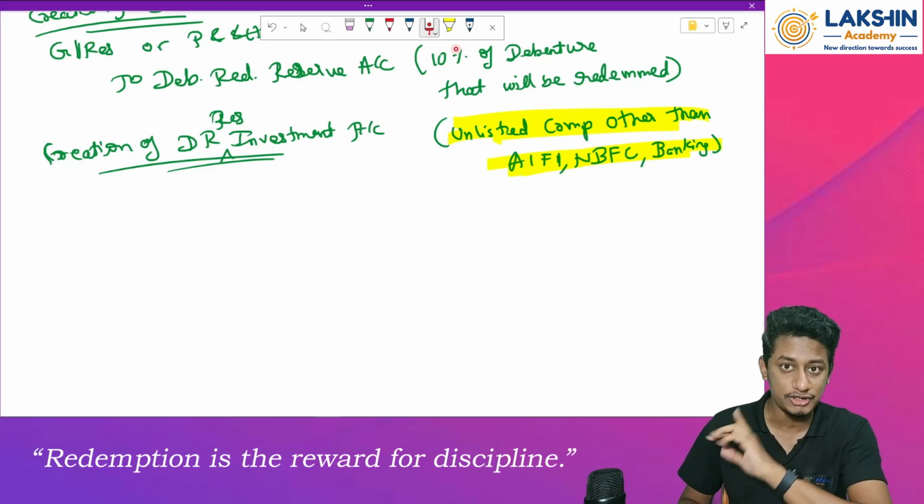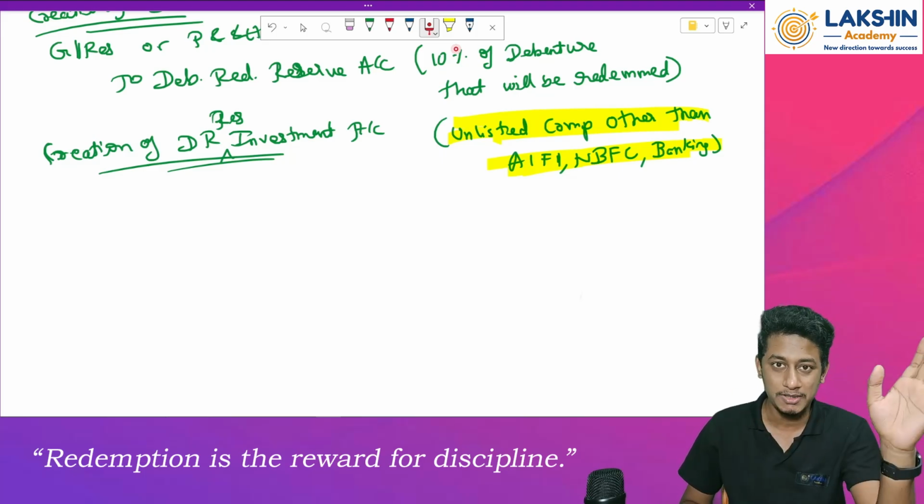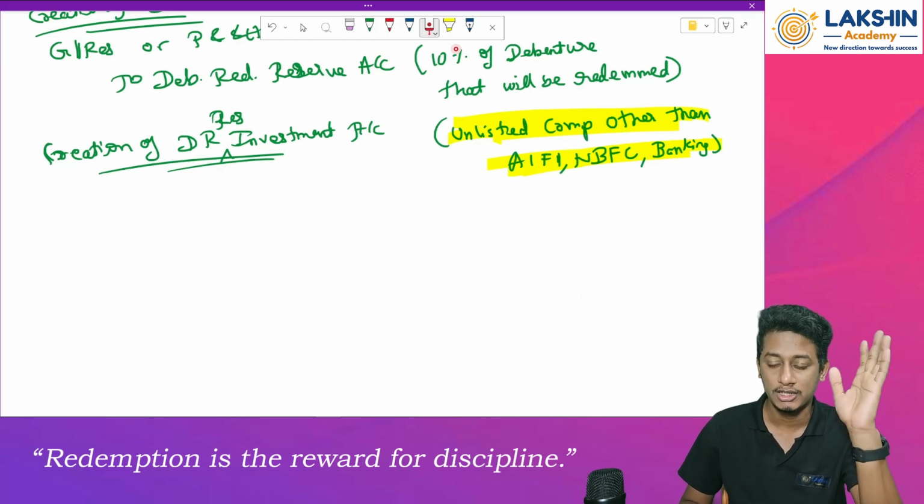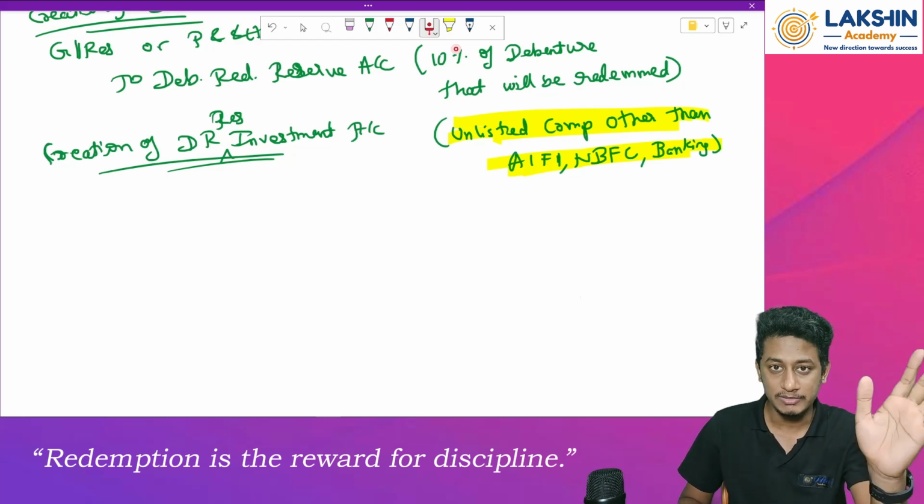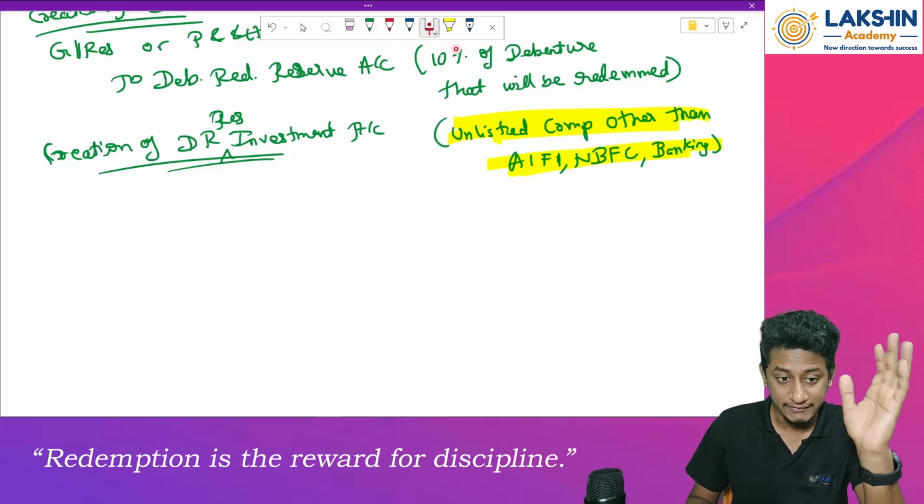That is there in the textbook. Please have a look at it. That won't matter for your examination. Clear? Okay. So how much to be invested, I will tell you.